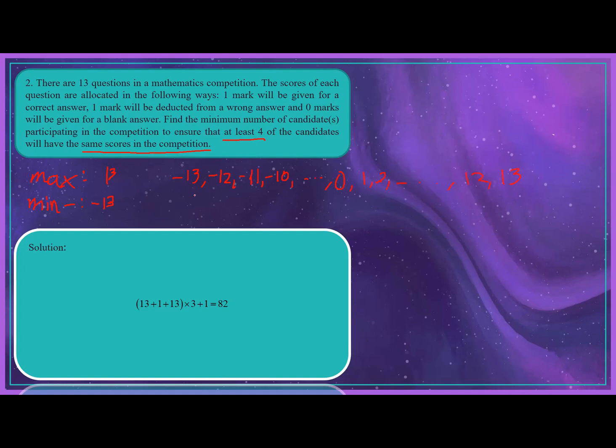All right. So in total, there are 13 for the negative, 1 for 0, and 13 for the positive. So in total, this would be 27 scores, right? 27 different scores.